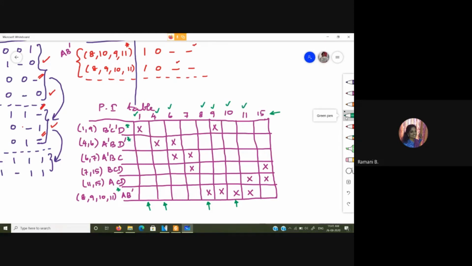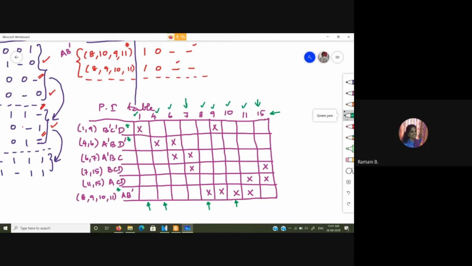Okay, so now we are left with 7 and 11, right? So the best possible combination here is this particular term, as with that you can cover all the minterms.